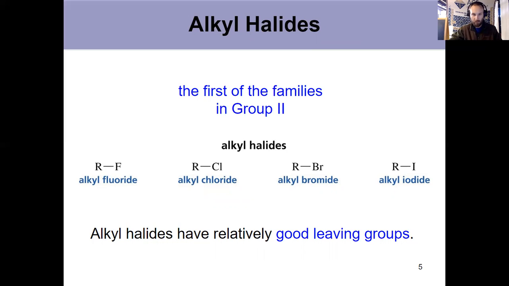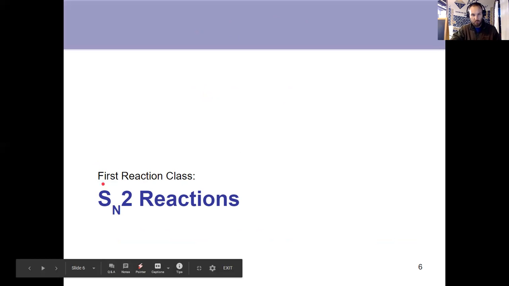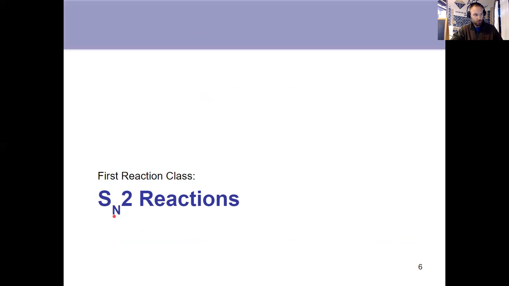So let's see how we do that, looking at a substitution reaction first. And there are 2 types of each reaction, the substitutions and the eliminations. And so we're starting with what's called an SN2 reaction. In this notation, S stands for substitution, and then it's a subscript capital N that stands for nucleophilic, and then 2 means it's bimolecular.